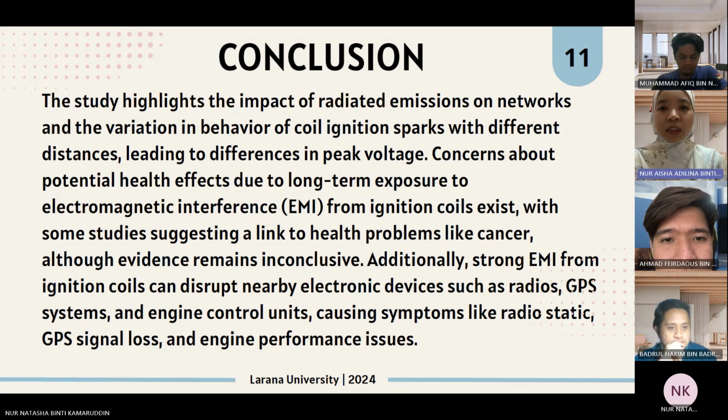Concerns about potential health effects due to long-term exposure to electromagnetic interference, or we call it EMI, from ignition coils exist, with some studies suggesting a link to health problems like cancer, although evidence remains inconclusive. Additionally, strong EMI from ignition coils can disrupt nearby electronic devices such as radios, GPS systems, and engine control units, causing symptoms like radio static, GPS signal loss, and engine performance issues.